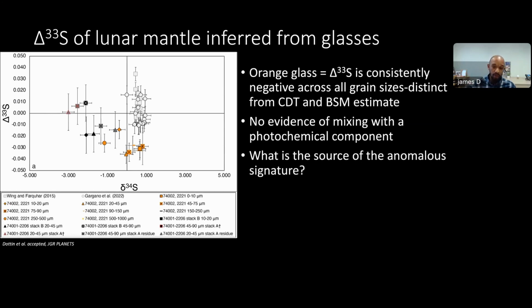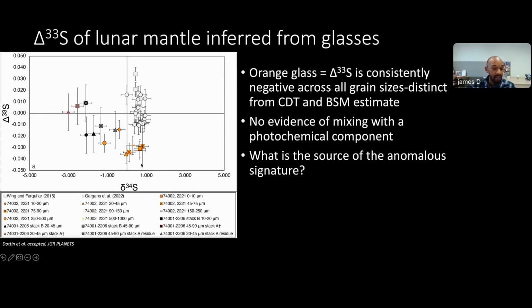So as I mentioned before, I analyzed both orange and black glass beads, and this is from drive tube 74002/1. And what we observe for, again, sieved glass beads is that we have a spread in delta 34S.